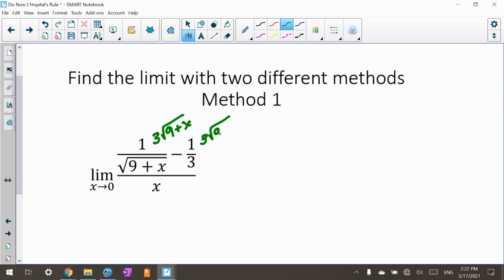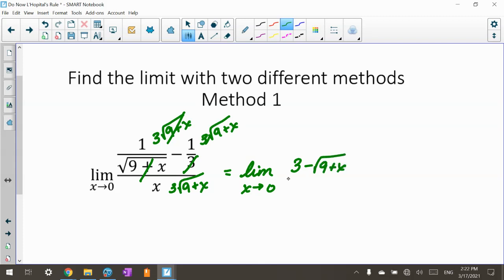When I do that, I get the limit as x approaches 0 of, these cancel out, 3 minus radical 9 plus x, all over 3x radical 9 plus x, because nothing cancels out in the denominator.